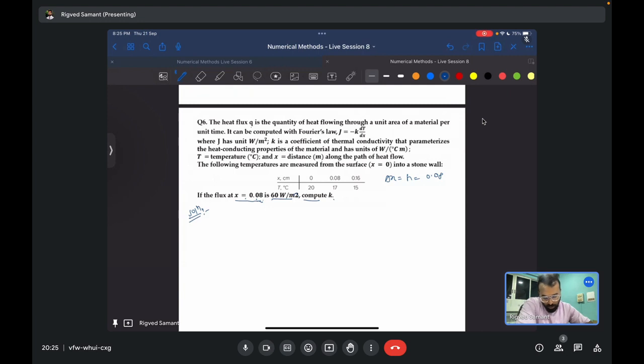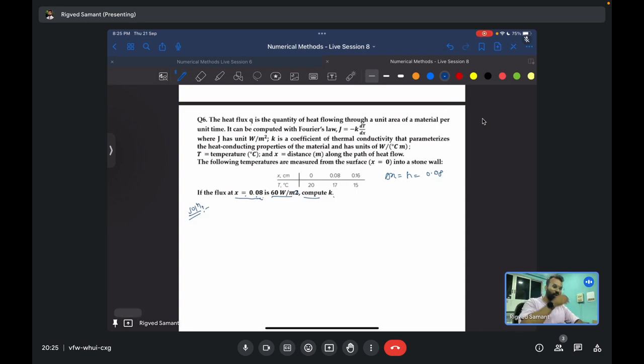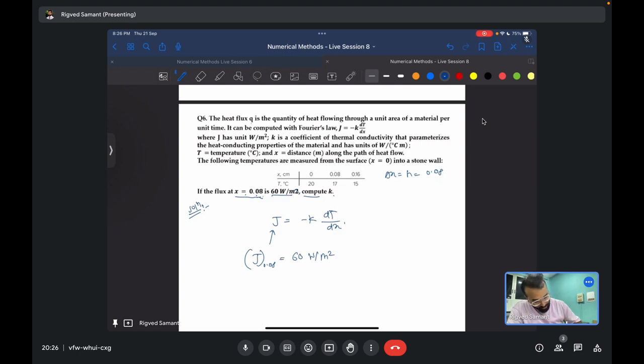Okay. So what it is telling you, the heat flow through the wall is given by Fourier's law, and Fourier's law is given by J is equal to minus K dT by dx, where J at 0.08 is given to you as 60 watt per meter square. That is what it is telling you, and it is asking you to compute K. So you know this value, you want to find this value.